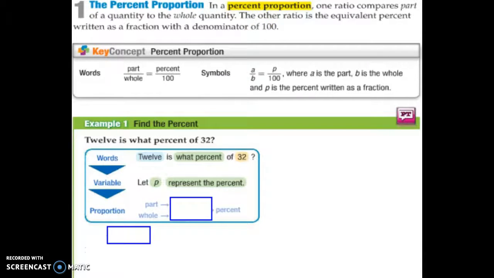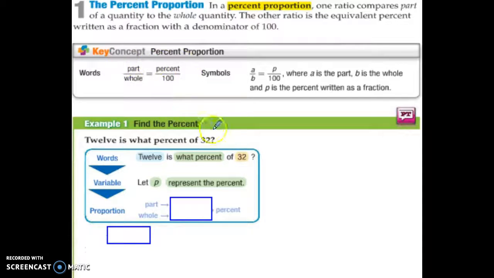Percent proportion. That is the proportion that compares a part to the whole of one ratio, and the other ratio is a number compared to 100, which means it's a percent, because percent literally means out of 100. So here's the percent proportion right here. I'm going to write it down a different way because it's kind of a shortcut.